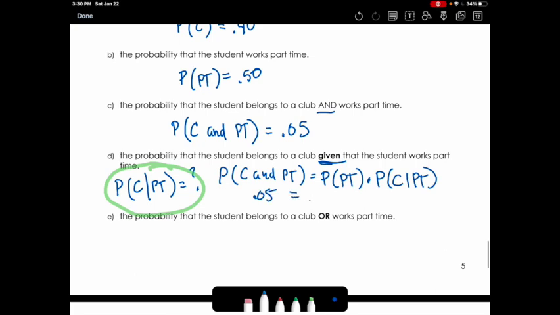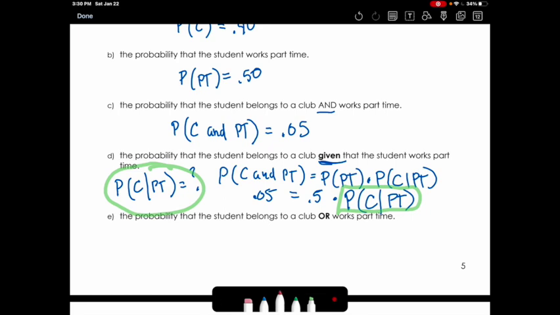So I know that the probability of C and PT is 0.05. We just found that above. I know the probability of PT is 0.5, that's 50%, times, and then this is what we're looking for, the probability of C given PT. In order to solve for this, I'm just going to use my knowledge of basic algebra, and I'm going to divide both sides by 0.5.